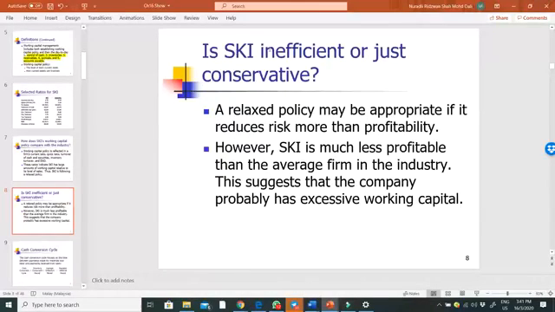Is SKI inefficient or just conservative? A relaxed policy may be appropriate if it reduces risk more than profitability. However, SKI is much less profitable than the average firm in the industry. This suggests that the company probably has excessive working capital.